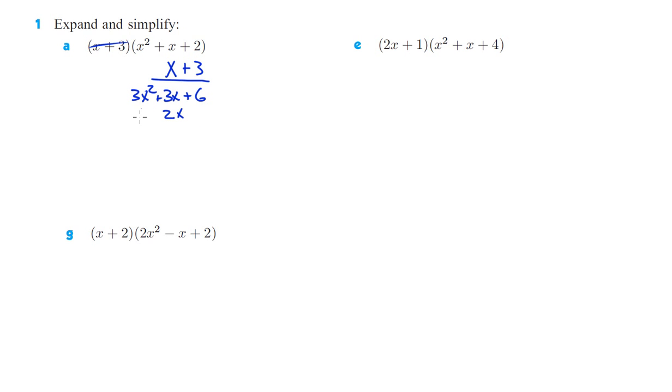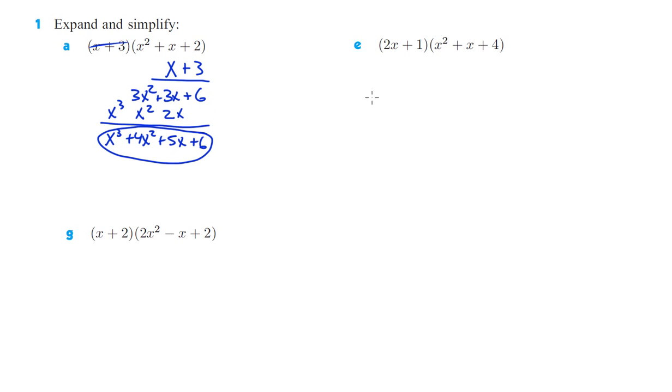X times x is x squared. X times x squared is x to the third. So now we line these all up. All of the exponents should match up with each other, so we just add straight down. So we've got x cubed, 3x squared and x squared is plus 4x squared. 3x and 2x gives us 5x, and then 6 and nothing gives us 6.